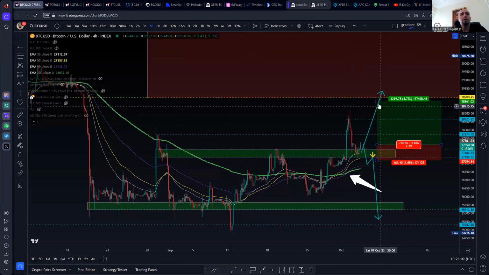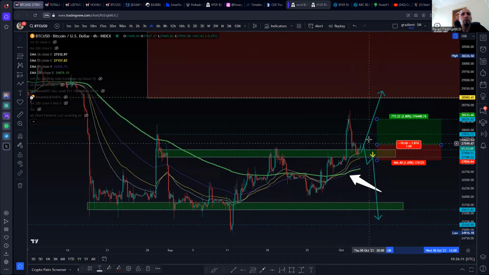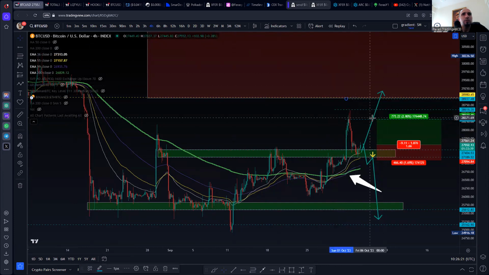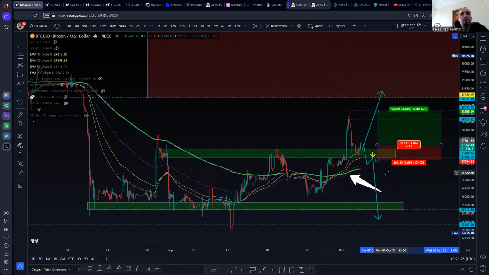Then the average R to R will be somewhere like this. Now, this is the current bullish structure. If I am not conservative, then I will just wait for this level and the upper one. My R to R will be somewhere around 2 point something, which is not bad.